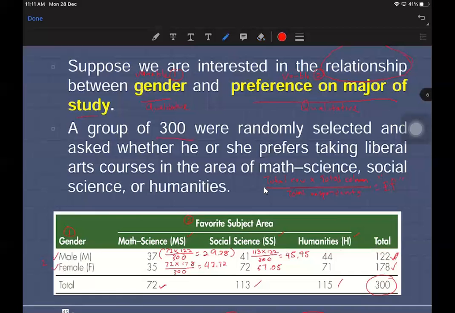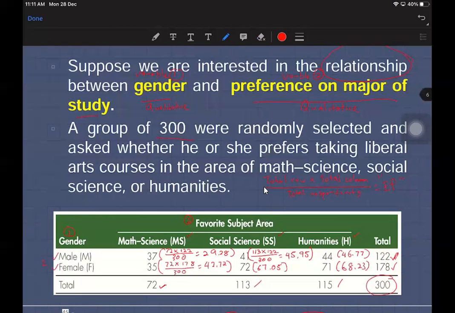So it will give 46.77. And for 71 will be total column 115 times total row 178 divided by 300. You will get 68.23.